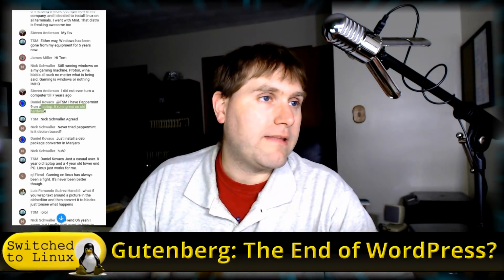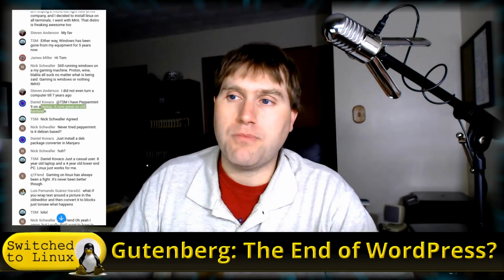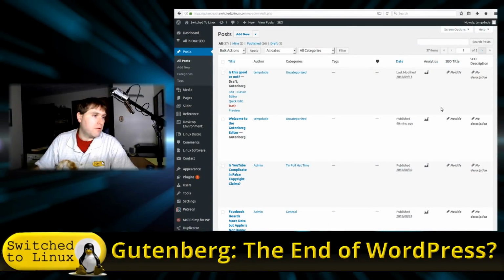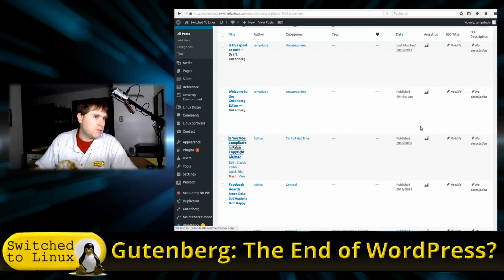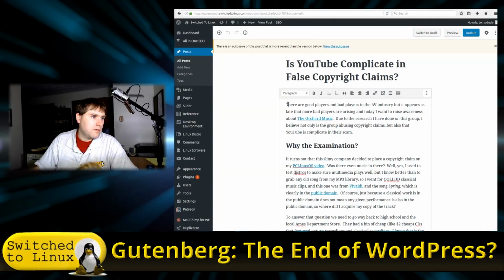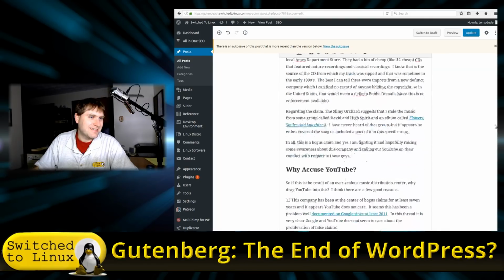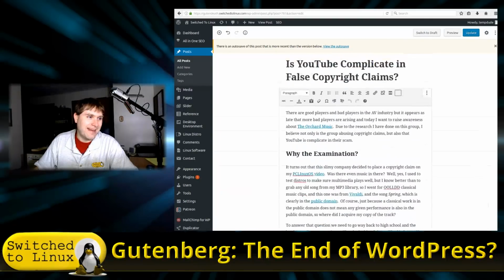Okay, so let's go ahead and pull in a previous post. Okay, so here's what he's saying. Let's go to a previous post. Can I add an image? I can't add an image. It's the classic editor, but I can't add an image.